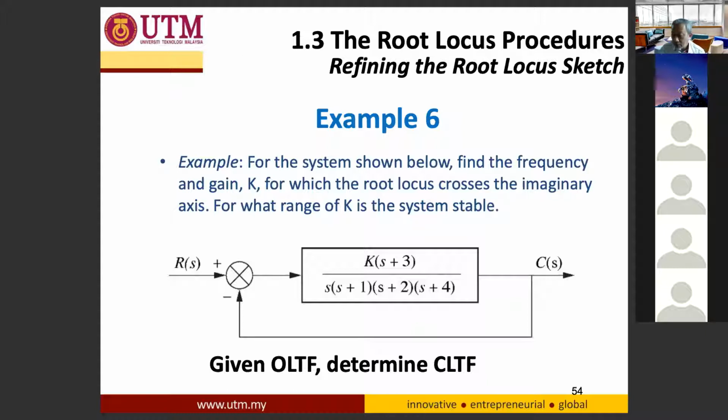So how are we going to find the closed loop transfer functions? Raja Ahmad Zahid. How are we going to find the closed loop transfer functions?